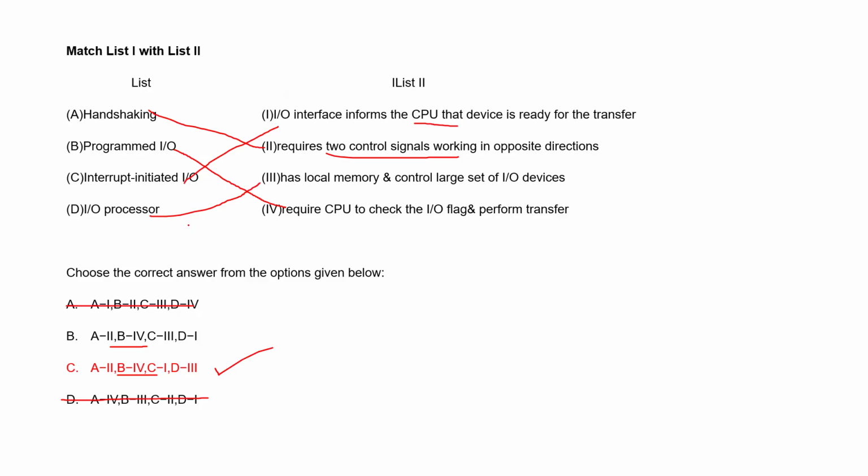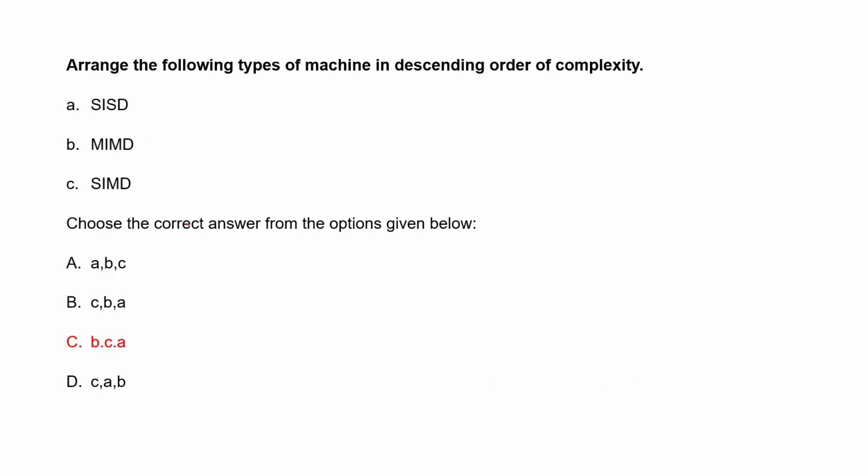Okay, now this one. Arrange the following types of machines in descending order of complexity. We need to know ascending and descending order of complexity. We don't need to see the topic now, we are going to see it later, but simply: this is single instruction, single data stream, which comes first; single instruction, multiple data stream comes second; multiple instruction, multiple data stream comes third.